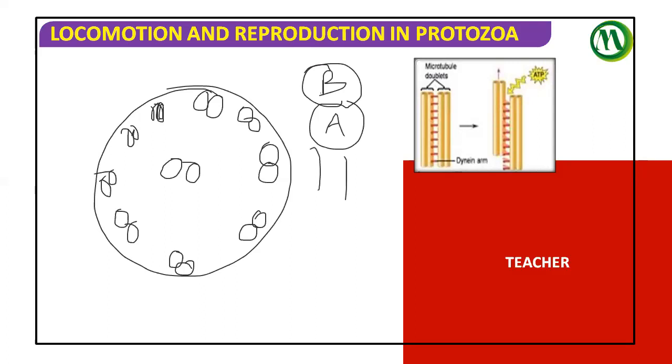The A microtubule has dynein arms, that we discussed in the previous classes. What we said about the dynein arms is that they always reach towards the neighboring microtubular doublet, the B microtubule.